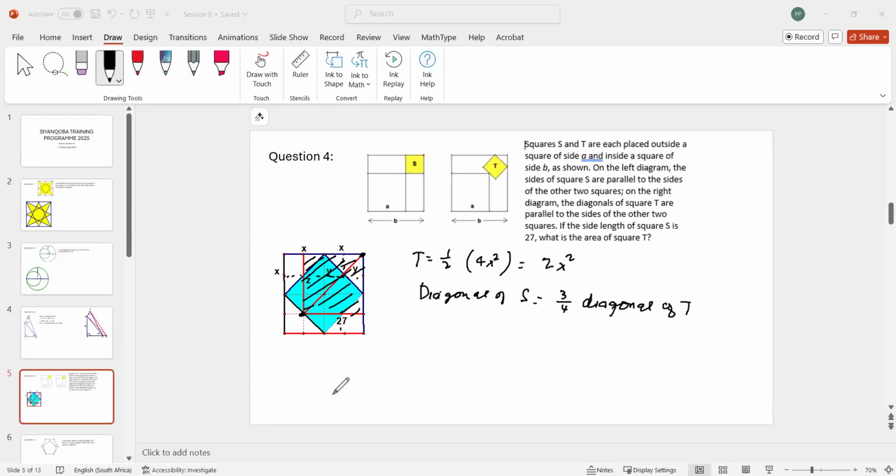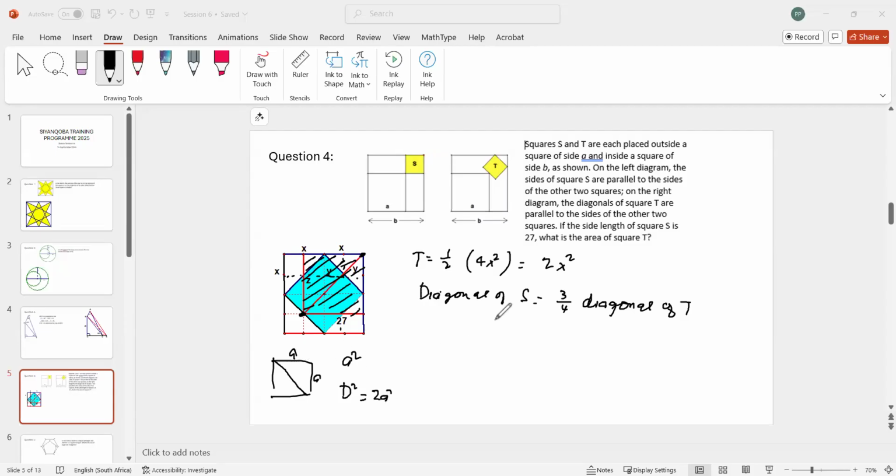But there is a connection between a diagonal of a square and its area. You see, if you call this side A, the area of the square is A squared, and the diagonal squared, let's call it D squared, is 2A squared.